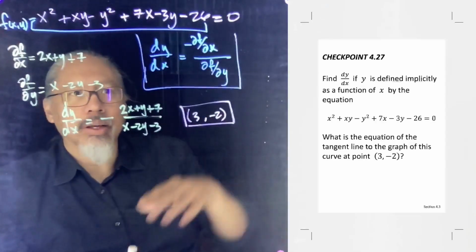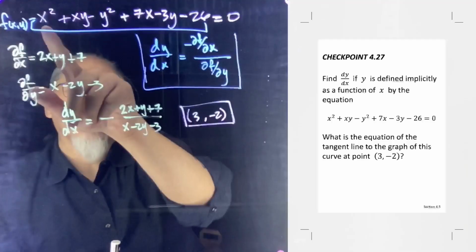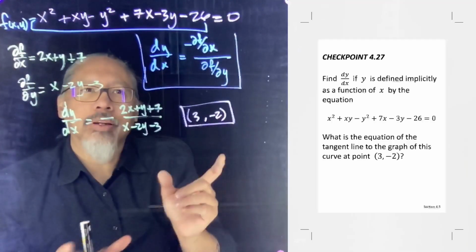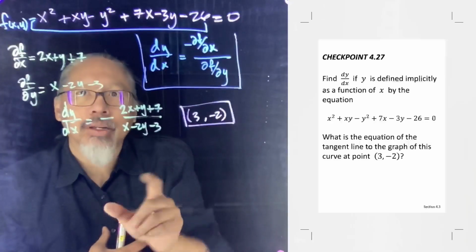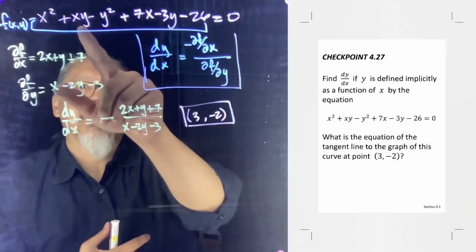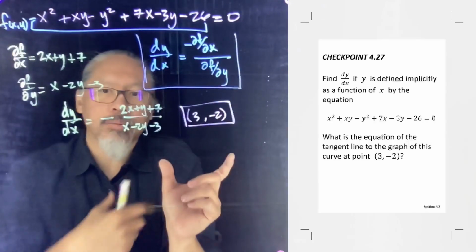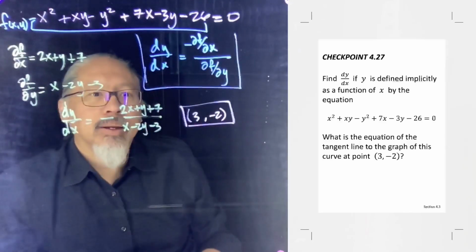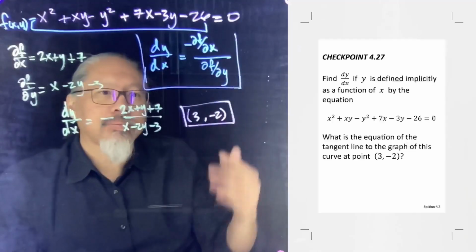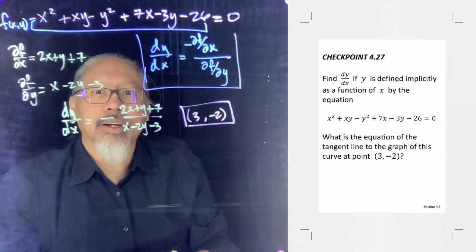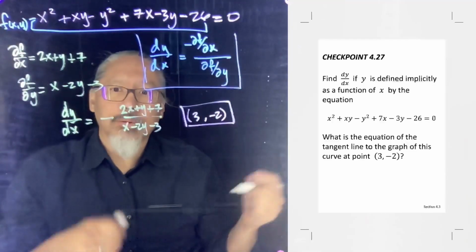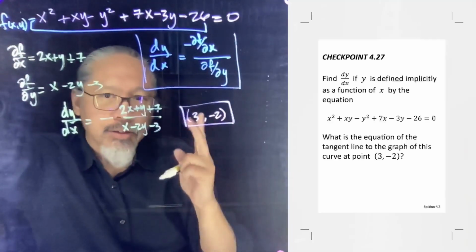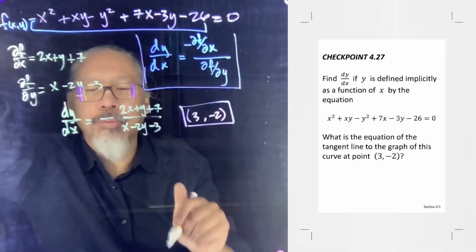It's a curve on the xy plane, and it looks like we have an x squared and a negative y squared, so this is probably going to be a hyperbola of some sort, and there's extra terms with an xy in it, so it's probably going to be a hyperbola that's been rotated. And at this point, there's going to be a tangent line. So what we need for an equation of a line is the point and a slope, and this is a two-dimensional line, so just the point and the slope.